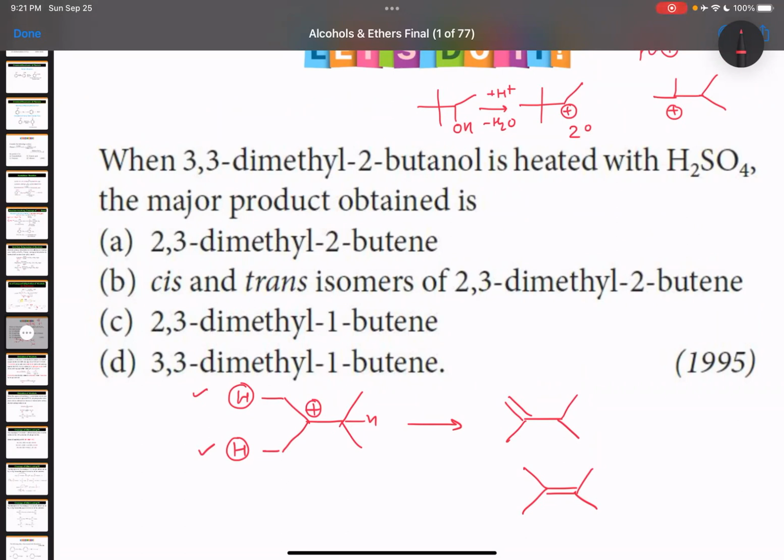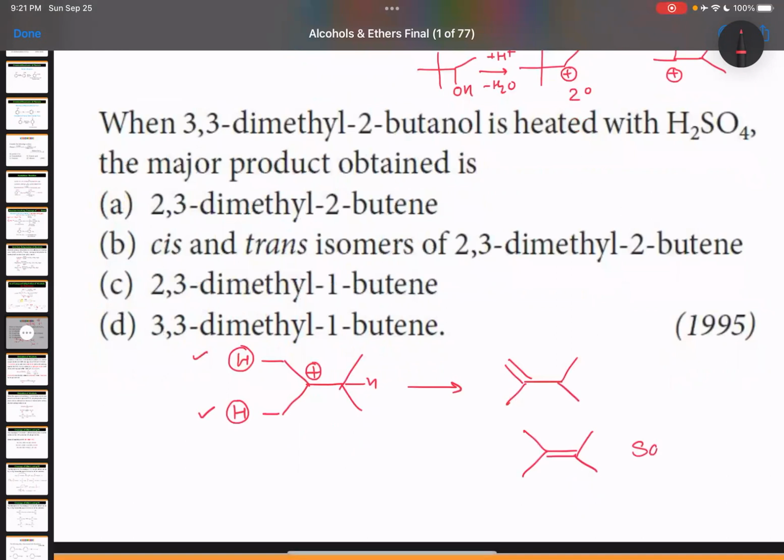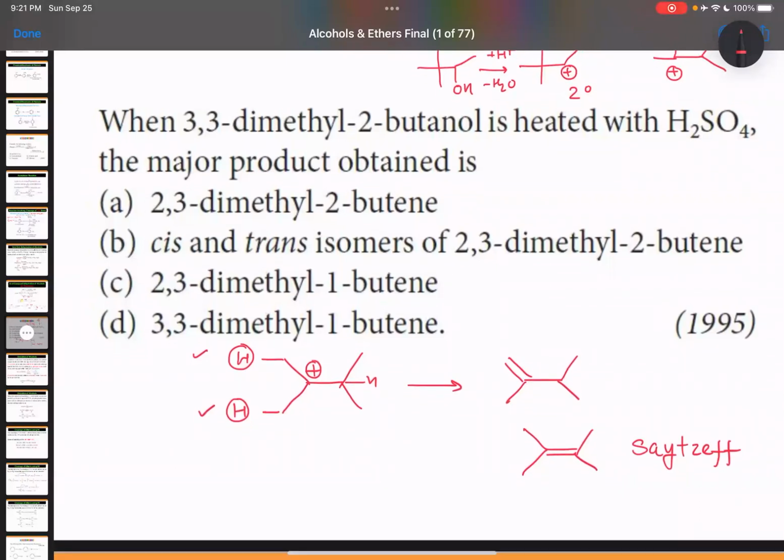This is the alkene, which we have, Saytzeff and Hofmann alkene. Okay, so which is the Saytzeff alkene? Tell me.